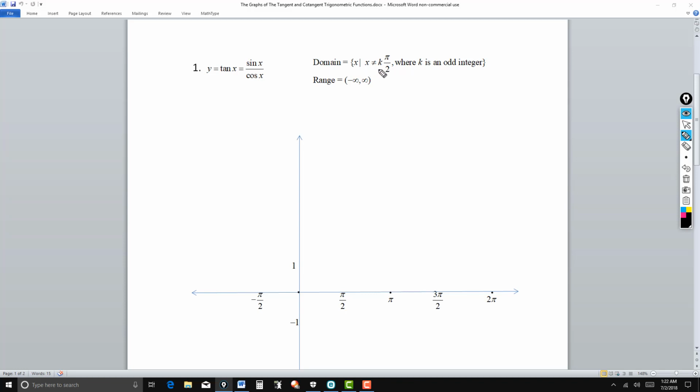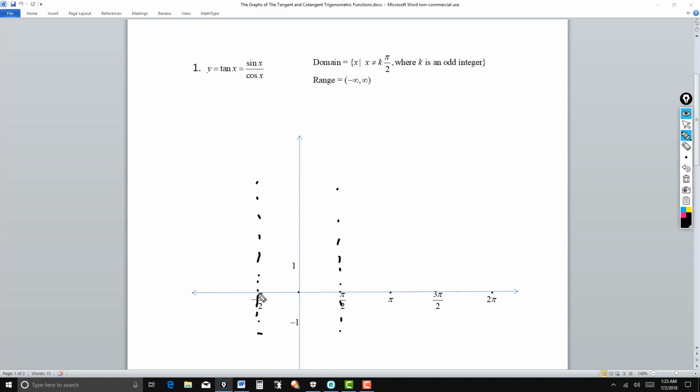And because it's undefined at the odd multiples of pi over 2, you would expect to have vertical asymptotes. Okay, so we have one at pi over 2, at minus pi over 2, and we would have one at 3 pi over 2, and so on.